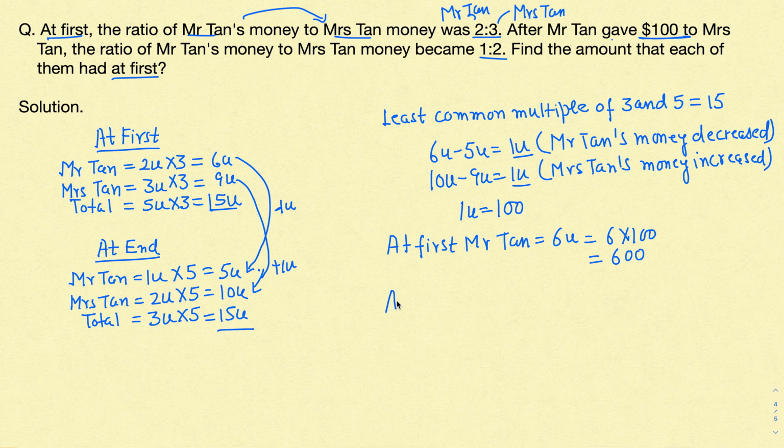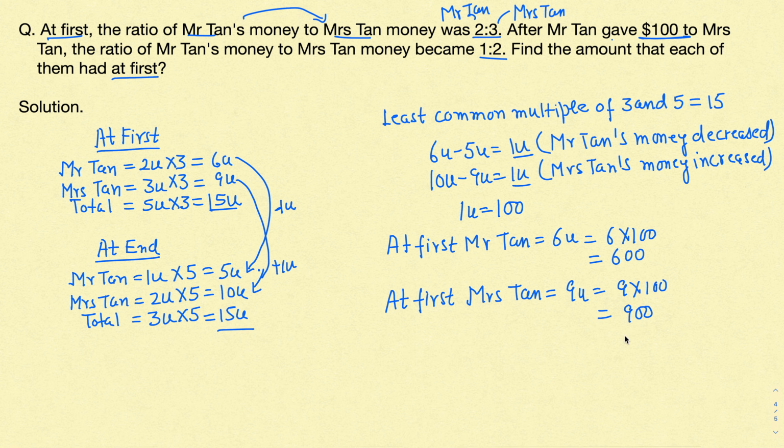Now how about Mrs. Tan? At first Mrs. Tan was having how many units? 9 units. So she was having 9 times 100. That will give you $900.